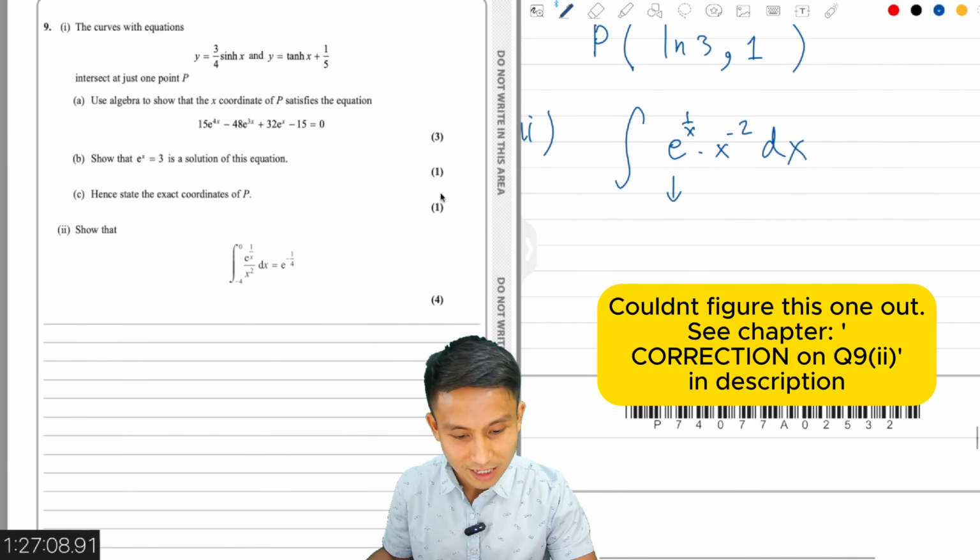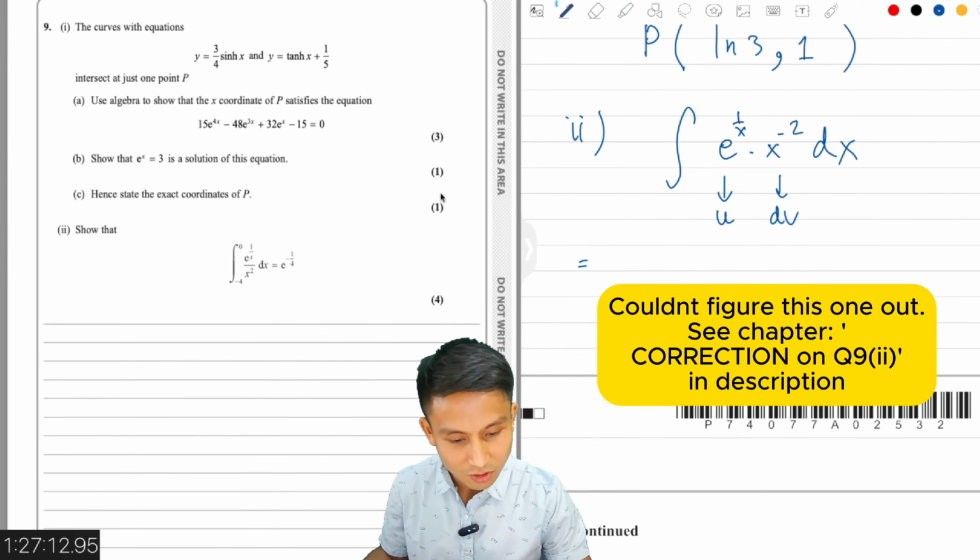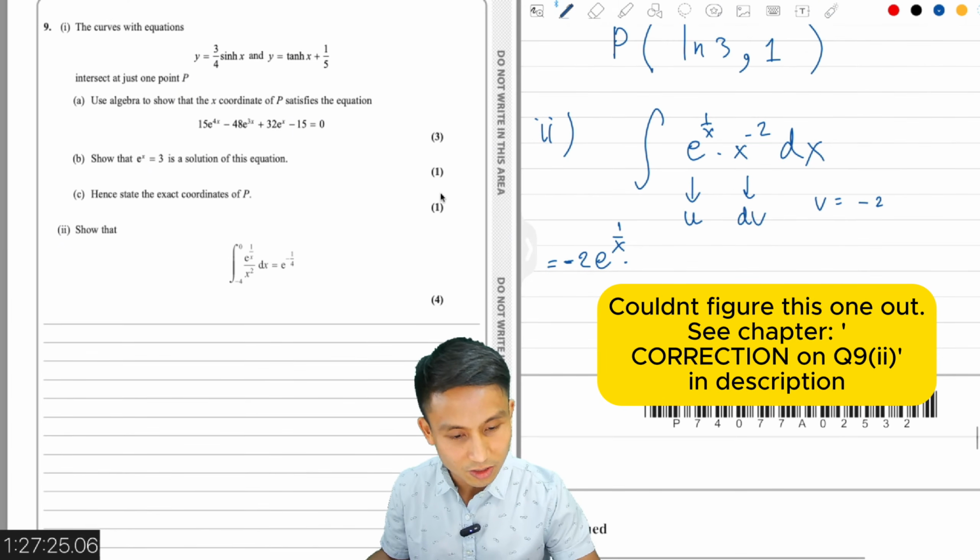So I'm going to put that as u, that as dv. So that's going to be uv. u is e to the 1 over x. Differentiating that, we get minus 2 in front here. So v would be minus 2. Wait, no, it would be minus 1 over x.